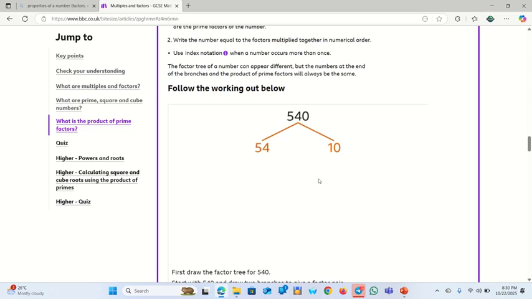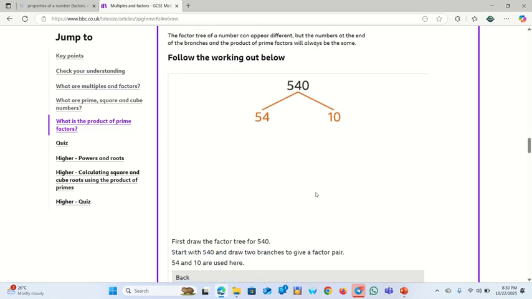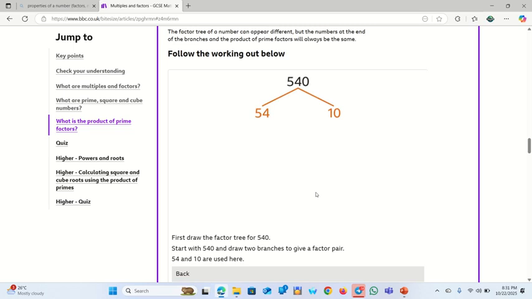You say what? If you do 5 times 4 times 10 to the power of 2, you still get the mark. That's still correct, because 5 times 4 is 20.